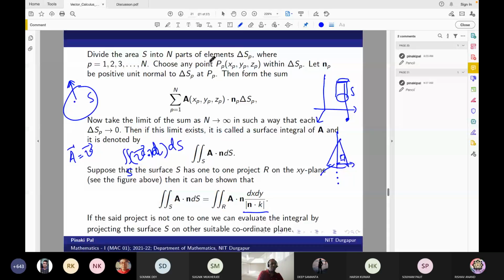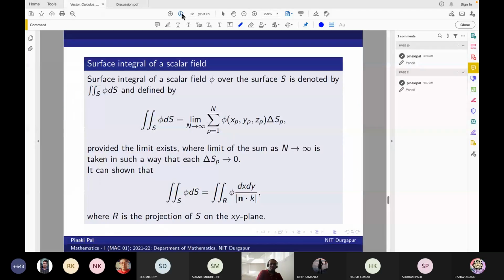Especially I am aware that in mechanical, chemical, and up to a certain extent in metallurgy also, you will be using this quantity frequently. Other subjects I am not that much aware of, but the concept of this transport or flux is very much important.